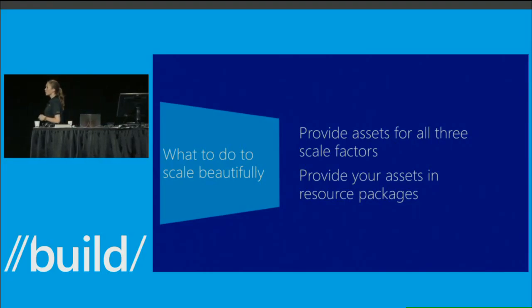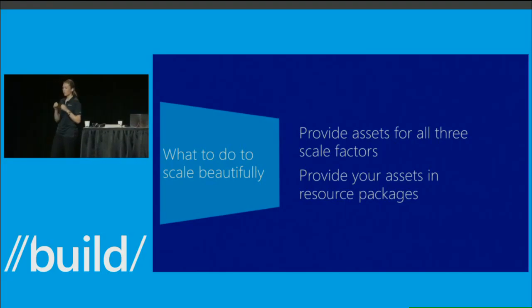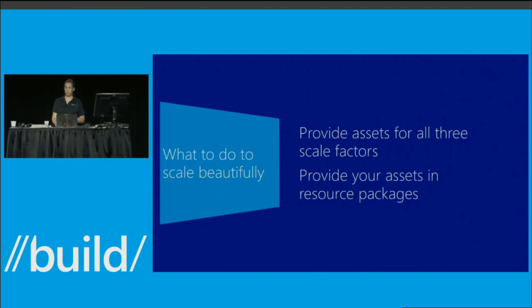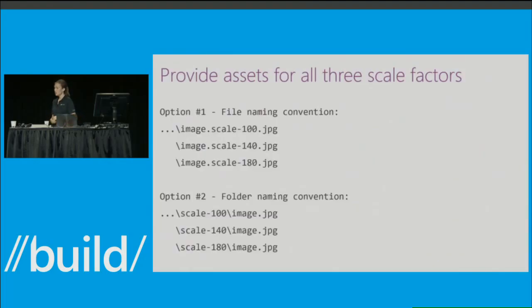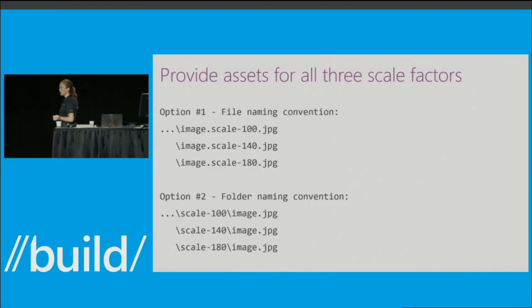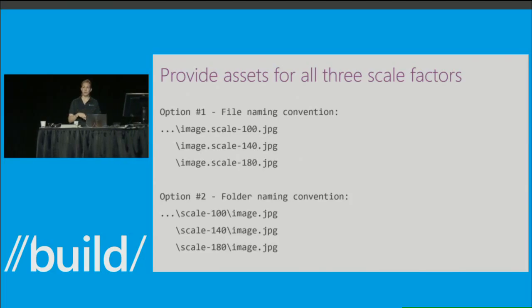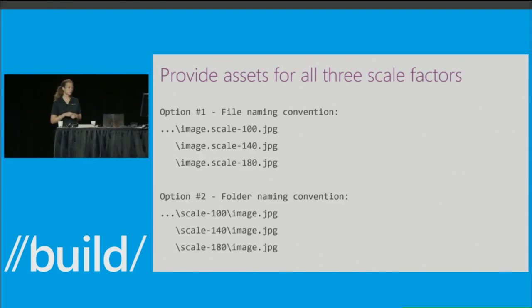Now, there are a couple things that you can do to make sure that every pixel that you put in your app is as crisp as any screen can display. The first thing to do is providing assets for all three scale factors. So you do this in the same way as you did in Windows 8. It's based off of a file naming convention in your app package, and you can either do file names for each asset or image that you're providing, different file names per scale factor, or you can do these folders per scale factor and just throw all your assets into those folders.